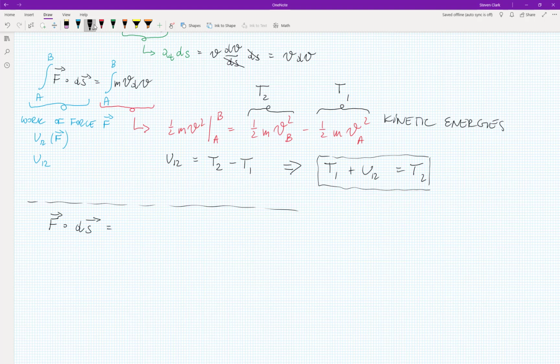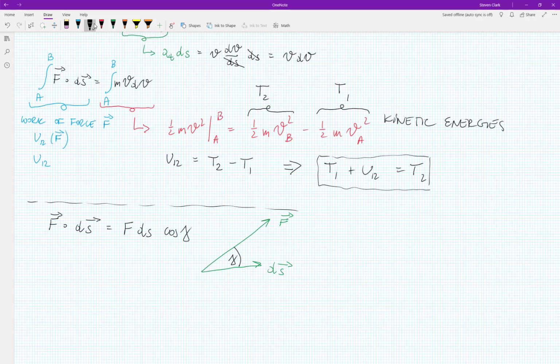I think that if we have two vectors, vector F and vector ds, and we define the angle between them, let's say angle gamma, that dot product will be F ds cosine gamma.